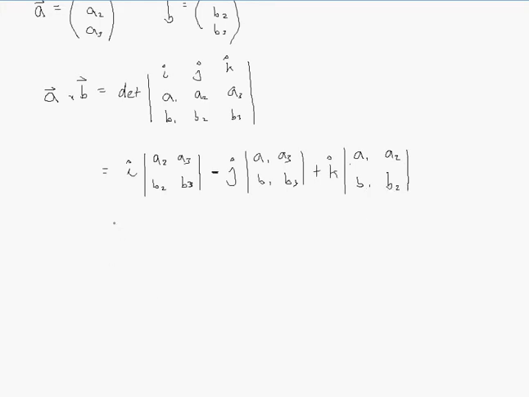And if we were to solve this out, that would give us I times A2, B3 subtracted from A3, B2, all subtracted from J, A1, B3 minus A3, B1, right?